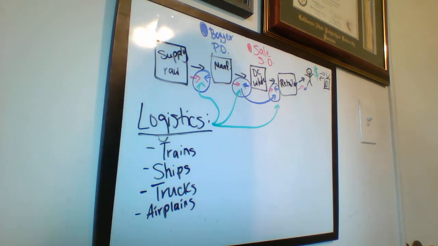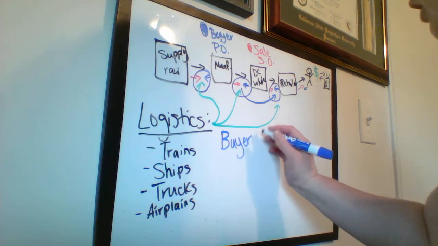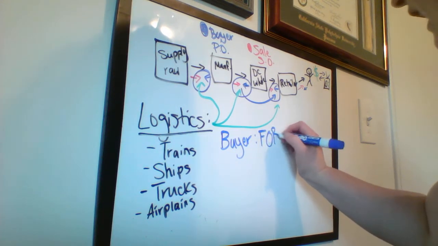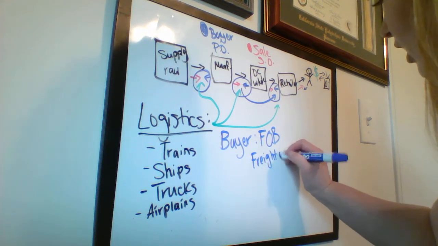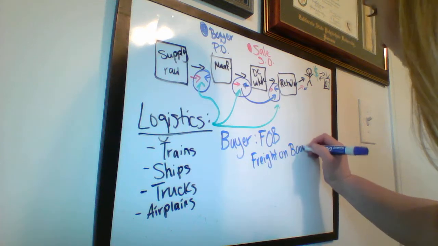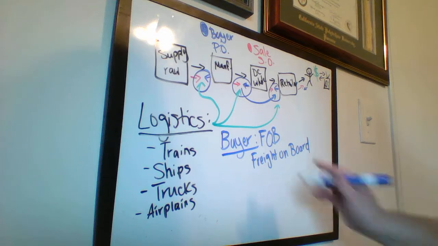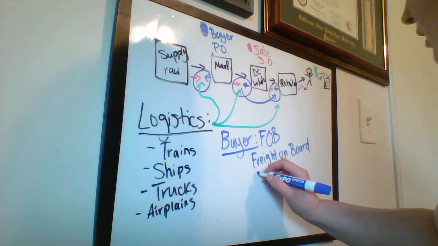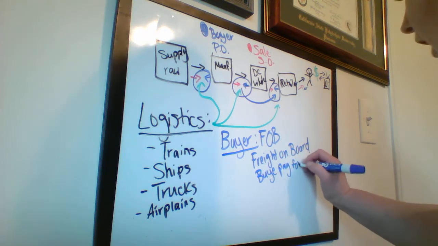There are two major kinds of logistics terms that a buyer or seller will request. If you're a buyer, we usually ask for FOB. FOB stands for freight on board, and if you see that on the purchase order, it means that the buyer pays for freight.